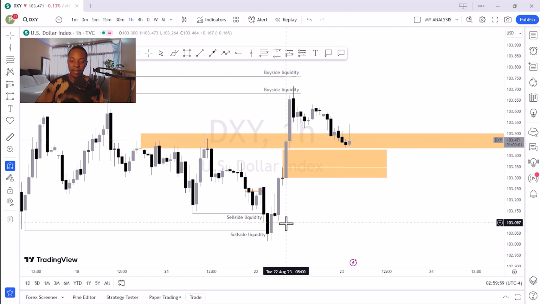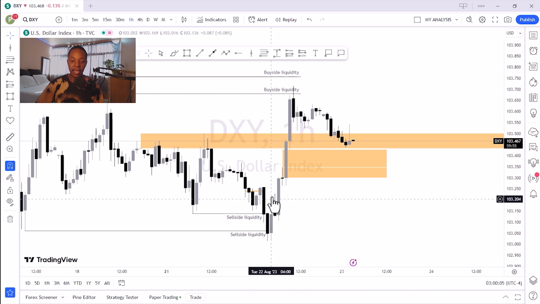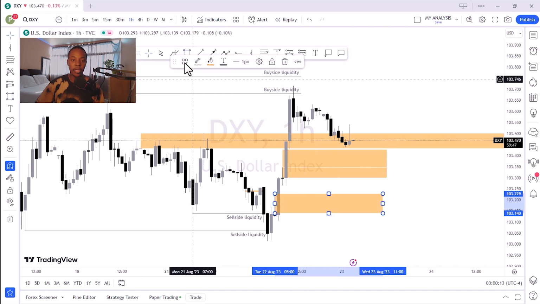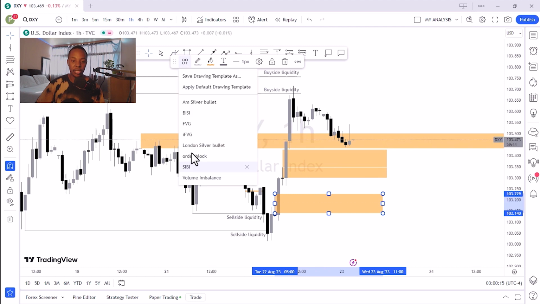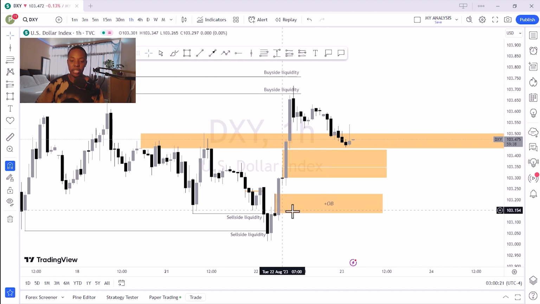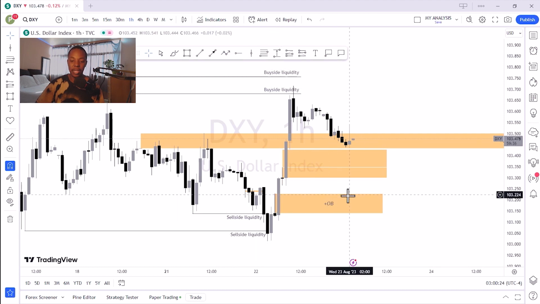Just right here is enough, because if price comes below this, it's the last line of defense. If it comes way below this order block, then we might have a change in market structure, and I might look for sales from now on.